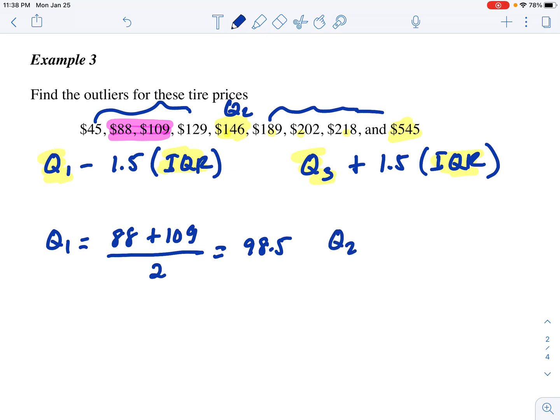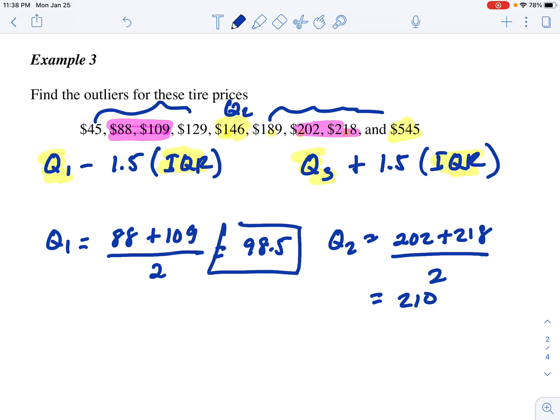We're going to have our Q3 equals 202 plus 218 divided by 2, and that's going to equal 210. Okay, so Q1, Q3. Okay, so now we know this, we need to find our IQR.